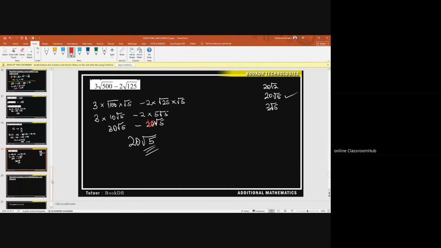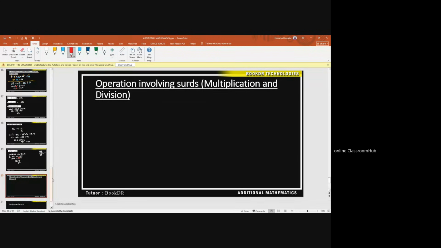So if there is no other question, then we'll move on to the next session, and that will be multiplication and division of surds. It's also like how we do algebra.